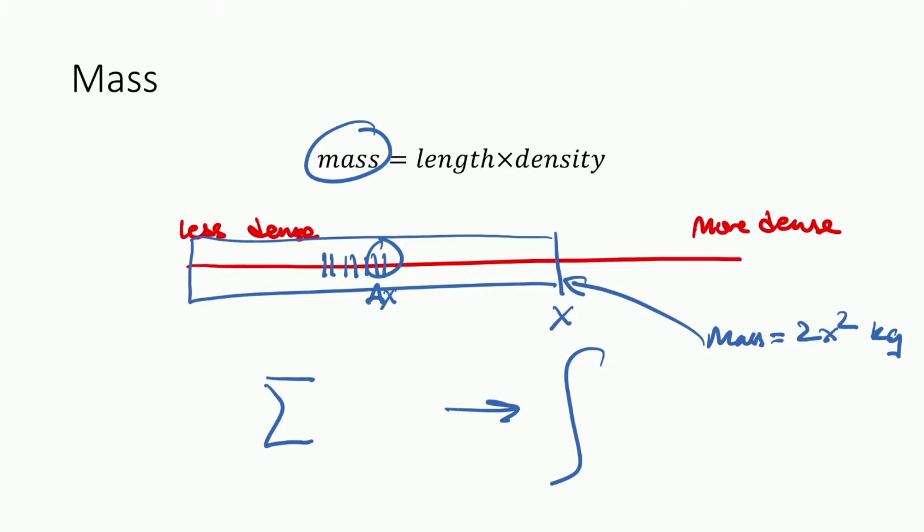So let's say this rod, that's a terrible picture, I need to draw it over here. You have the left end point, and the density is 4x kilograms per meter. Suppose I want the mass of the portion of the rod between 1 and 2 meters.